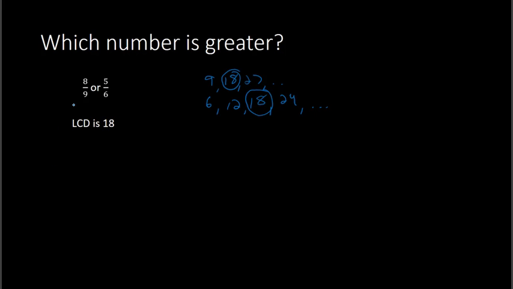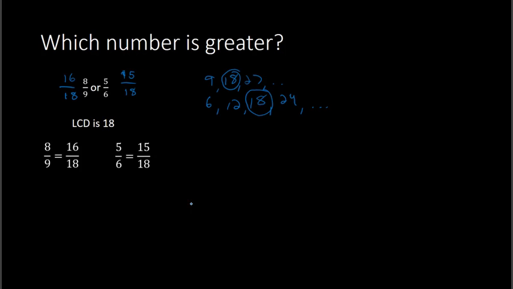So 8/9, I need to rewrite as something over 18. The denominator goes from 9 to 18, and I multiply to get to 18, so 9 times 2. Do the same thing for the top. 8 times 2 would be 16. So that fraction is 16/18. And then 5/6, write that as something over 18. 6 times 3 is 18, so 5 times 3 would give me 15 for the numerator.